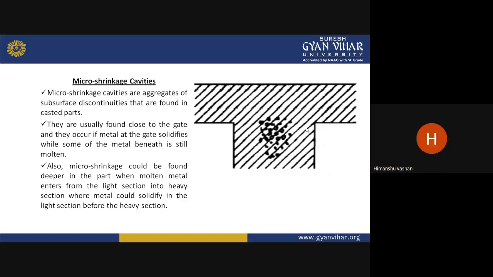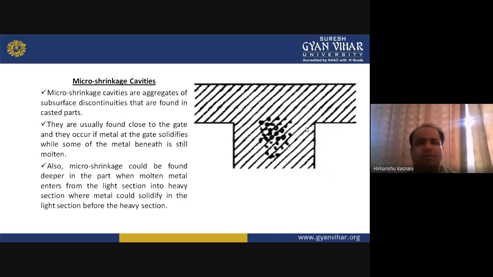What happens is that while pouring molten metal inside the cavity, by mistake, if some metal solidifies at the gate, that solidified metal is carried further.